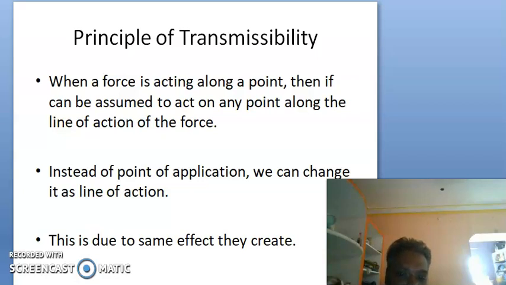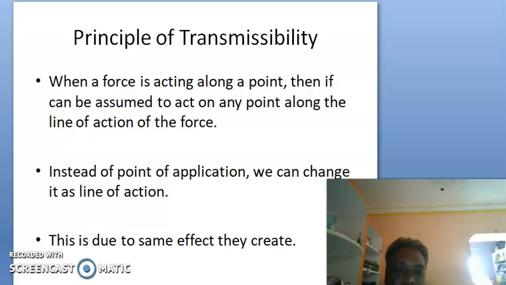Now we can say this is due to the same effect created by the same force of the same magnitude and direction at any point acting upon. Wherever they act, they create the same effect. In statics, we say that the effect created is only a reaction, whereas in dynamics, the effect created is a movement along that direction.